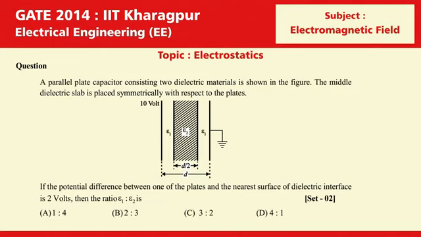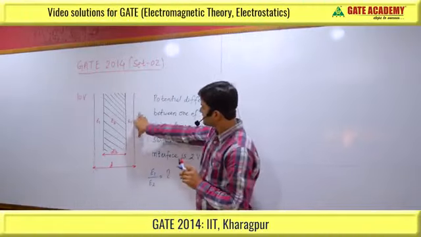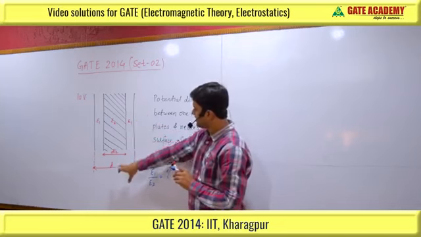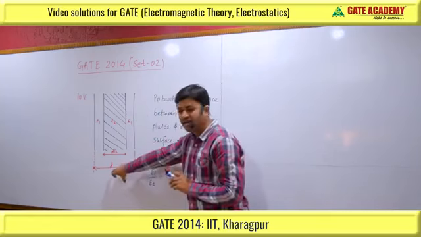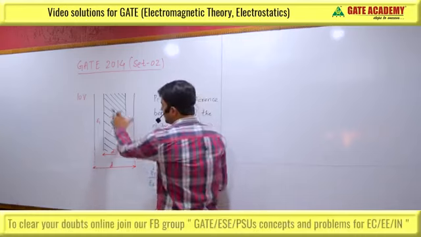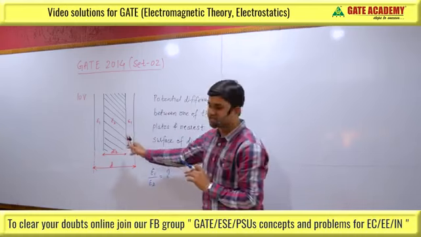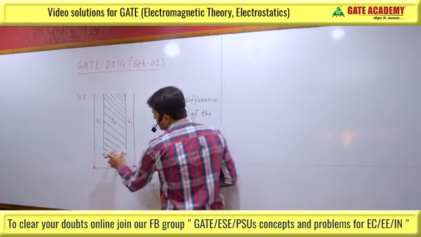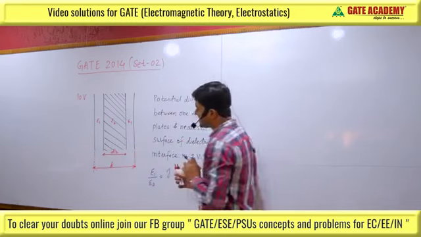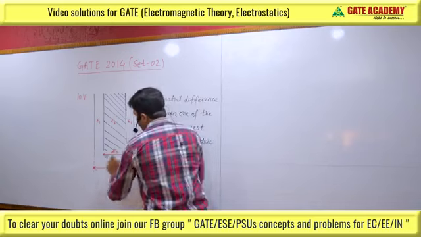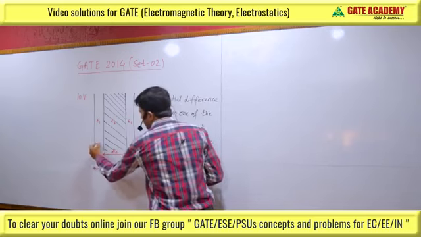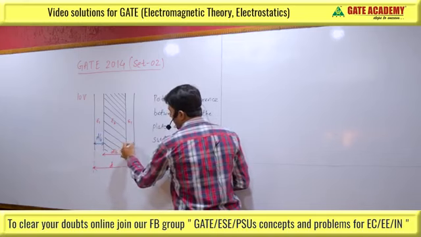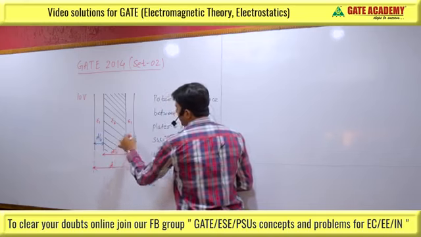So this arrangement is given to us, and this is a parallel plate capacitor with gap D, and the dielectric slab is placed symmetrically between the parallel plates. So the width of this dielectric slab is D by 2 and the total width is D. So this will be D by 4 because it is placed symmetrically, and this will also be D by 4.